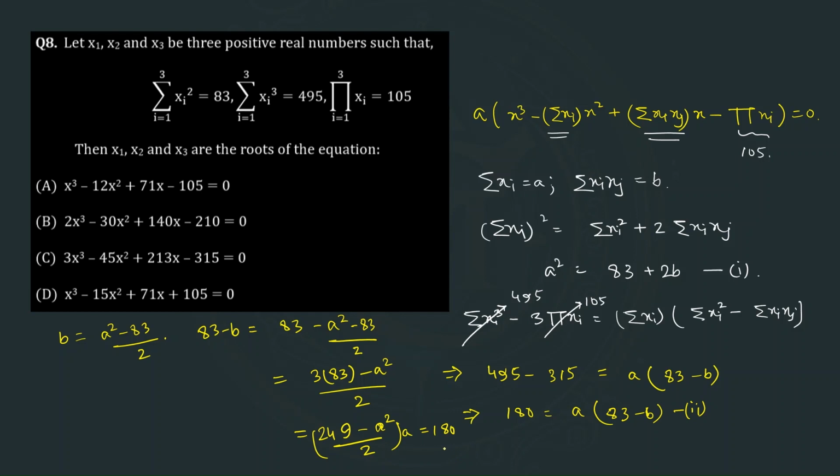So from here we get a times (a square minus 249) equal to minus 360. So we get a times (249 minus a square) is equal to 360. From here we get a cube minus 249a plus 360 equal to 0.